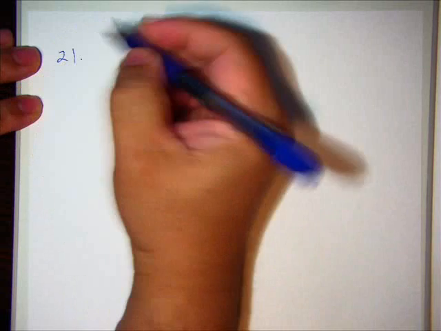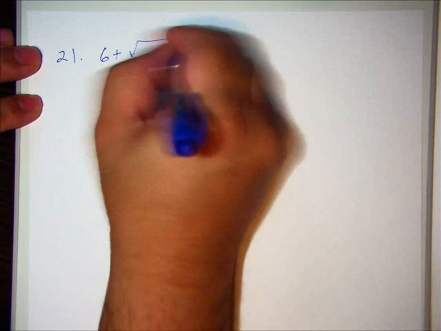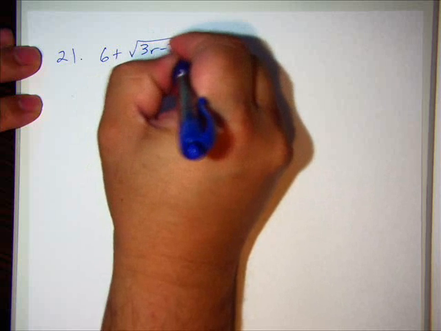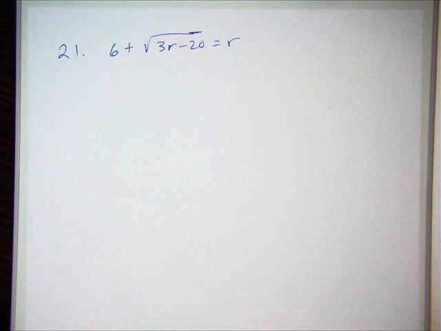Let's do another one, 21. 21 is similar to 17 and 19. Once I write down the problem, copy the problem and try it on your own. Okay, this is number 21.